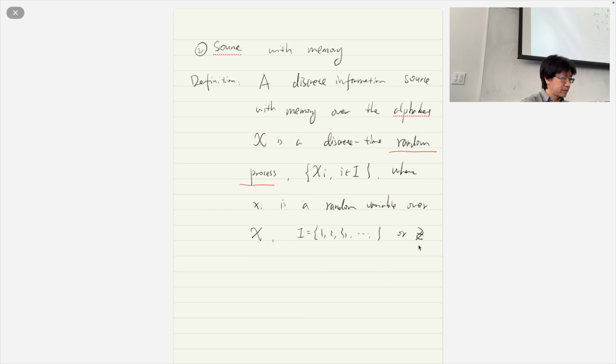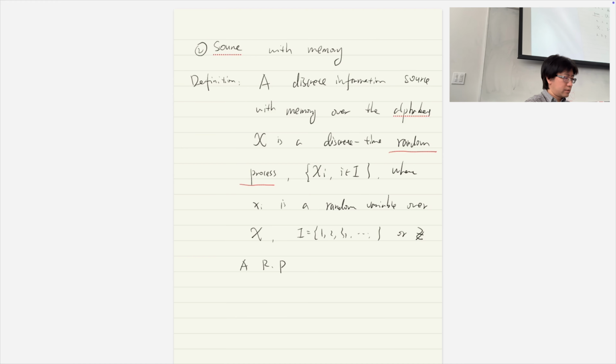All right. So given a random process, the first thing we need to think about is the distribution of this random process. Here we model that using the joint distribution.